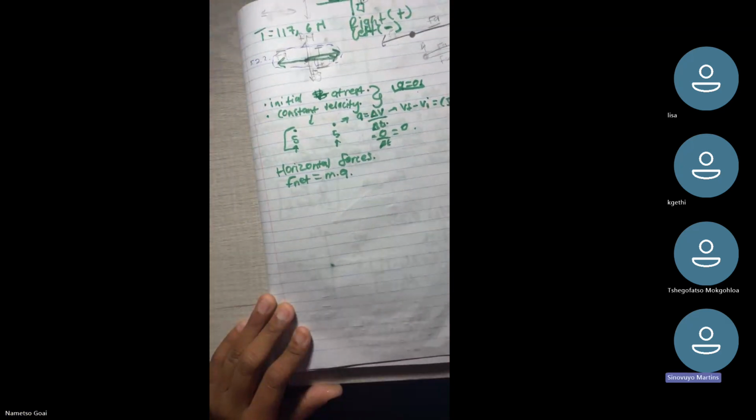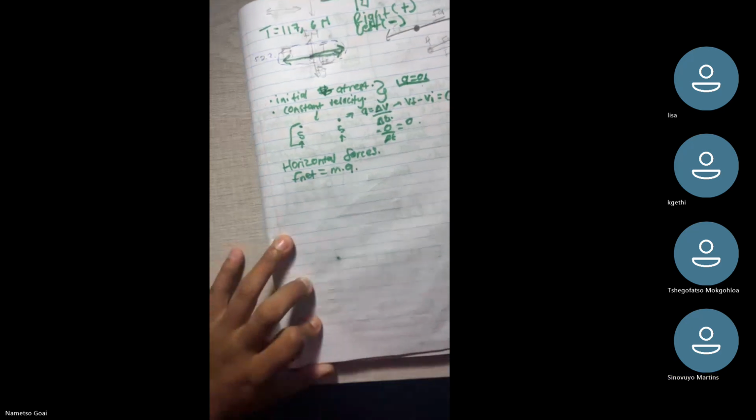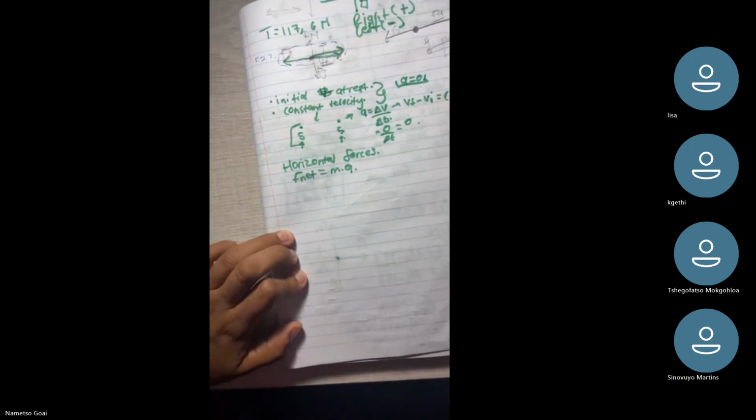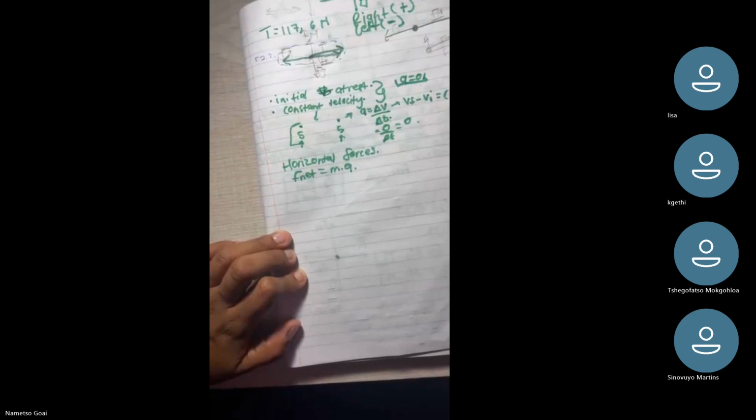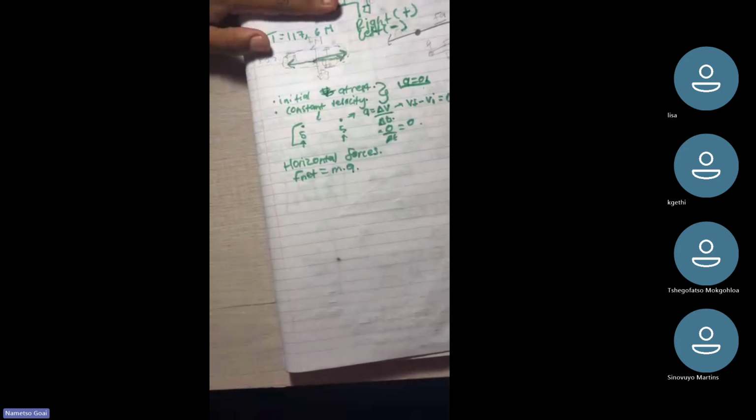Guys, remember, on the statement they say something about block A moving to the left. Wait, let me go to the question. Okay, they're saying block A, initially at rest on a rough horizontal surface, is connected to a string.